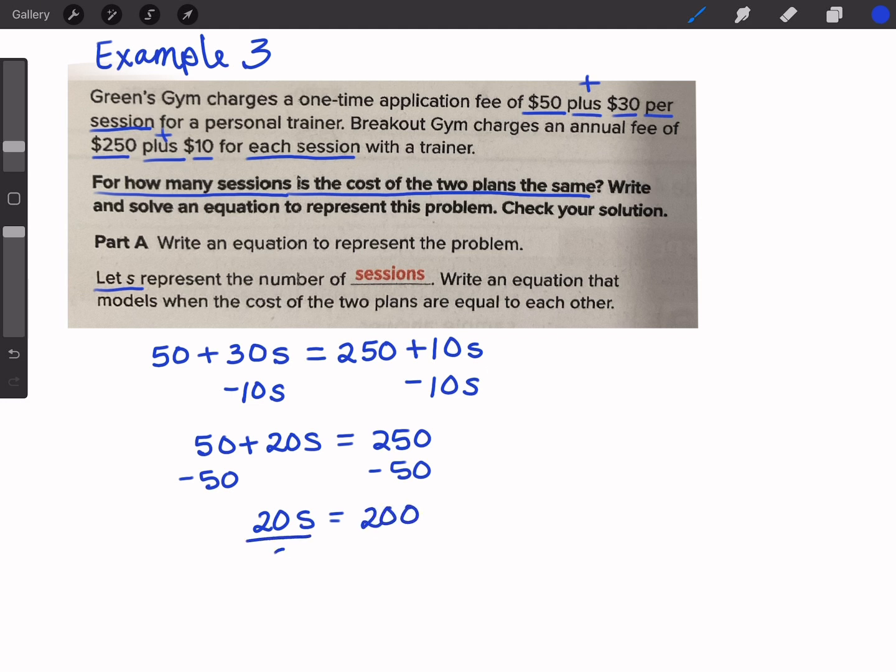And last, I need to divide by 20 to solve for S. S is going to be equal to 10. So that means that after 10 sessions, each of those gyms will have charged the same amount of money.